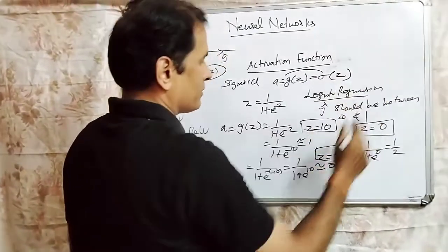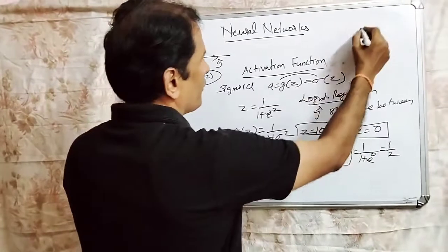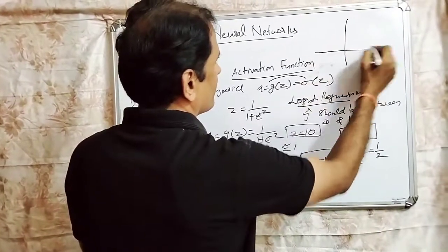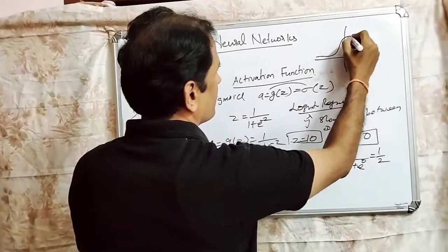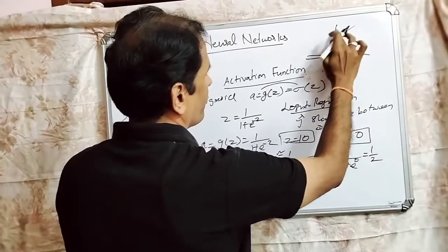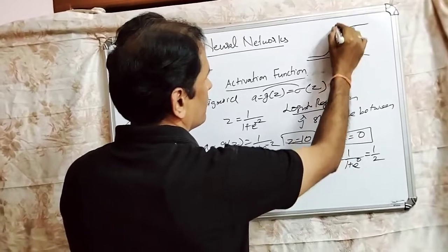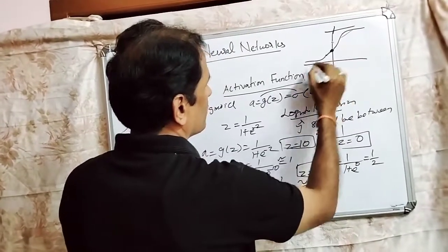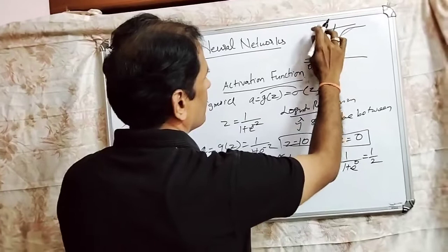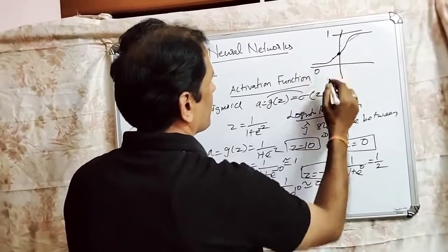So in this case, my sigmoid function can be represented like this. Here it is 0, and here it is 1.